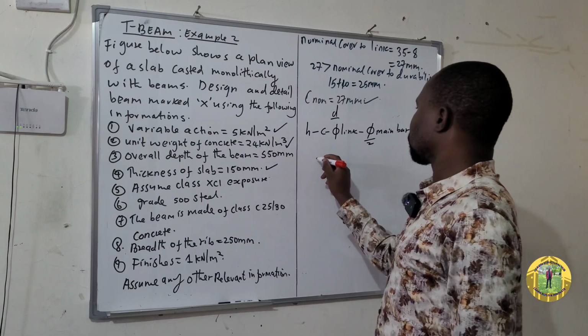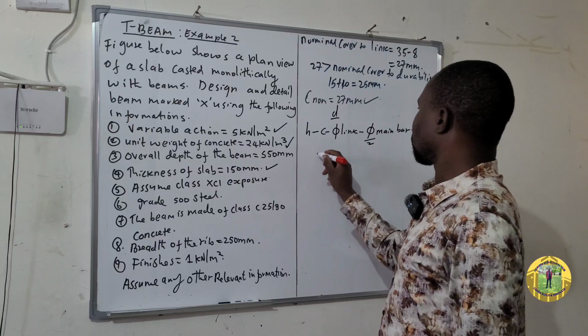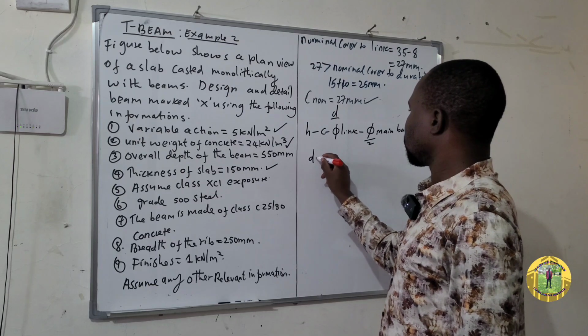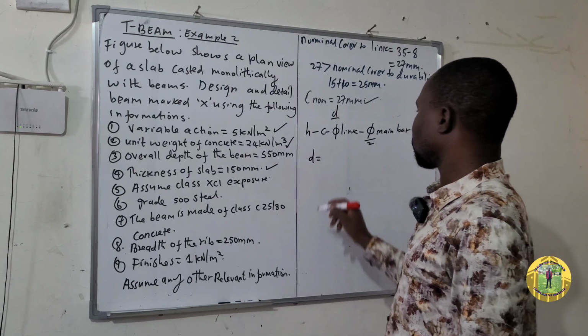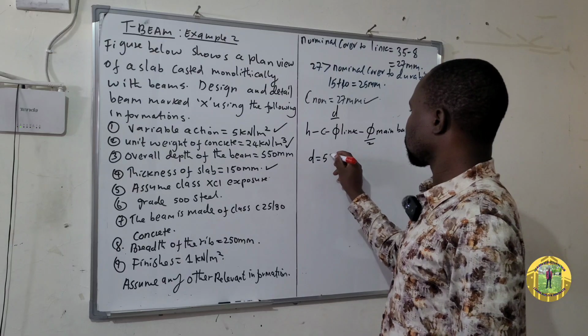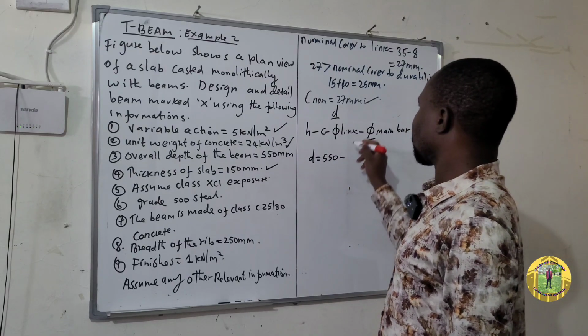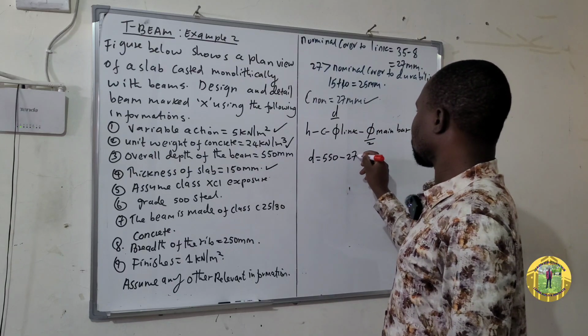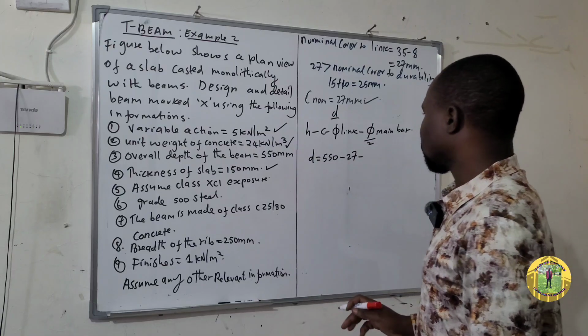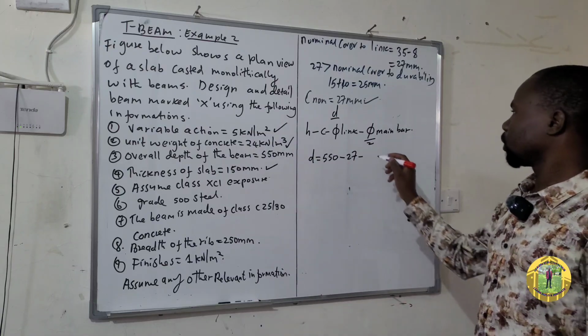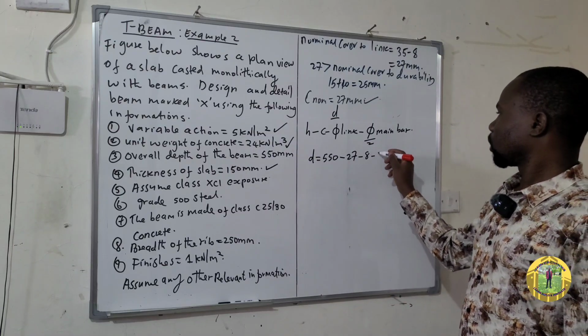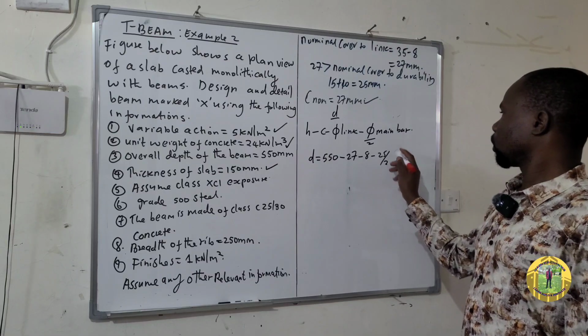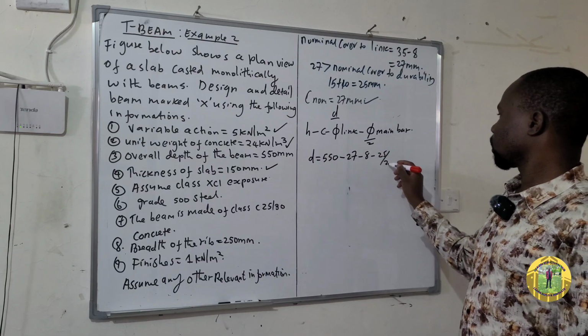So D is equal to H is 550, cover is 27, minus diameter of link, this is 8, minus 25 over 2, the diameter of the main bar.